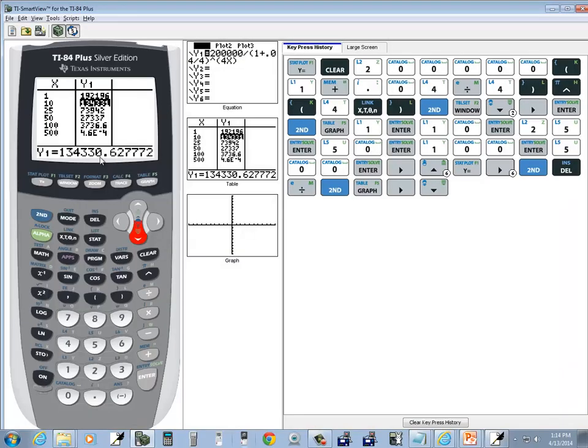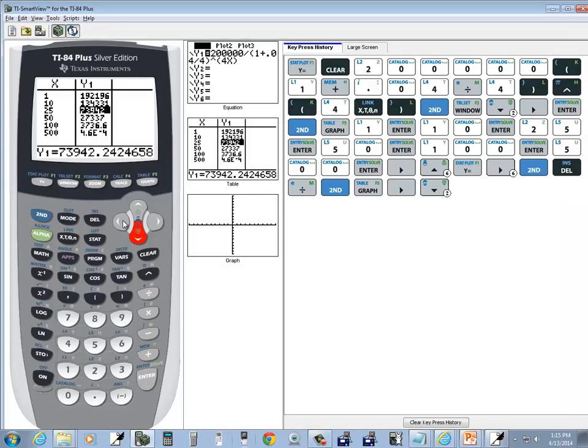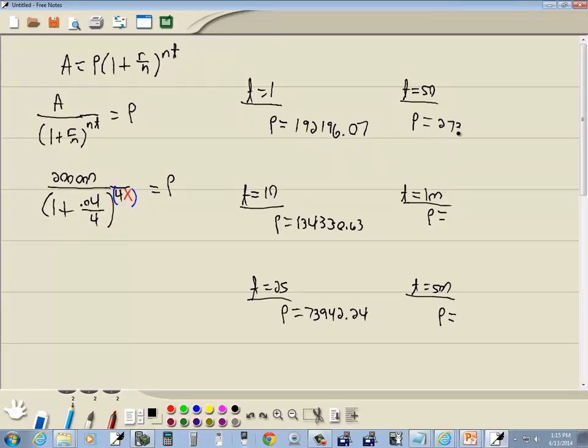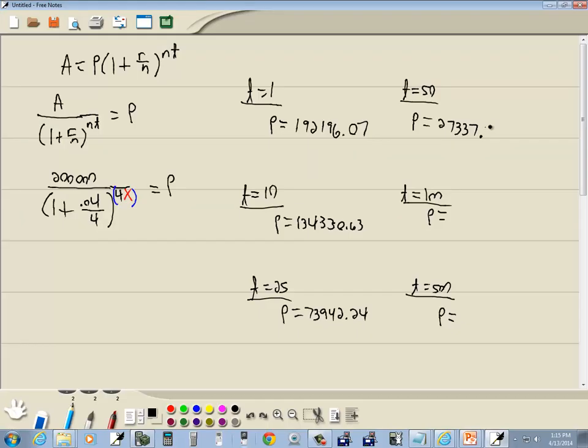I'm looking at this number down here at the bottom, not the rounded one up here. Then I'll do a down arrow. 73,942.24. And down arrow for 50: 27,337.28.